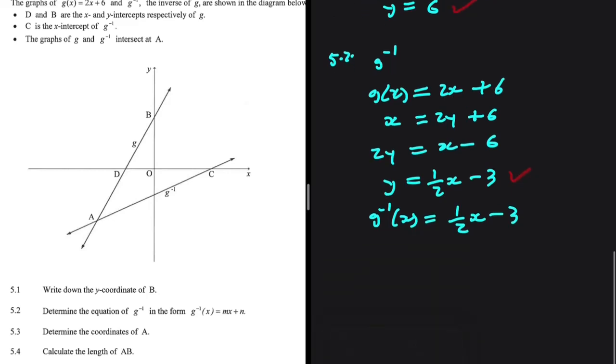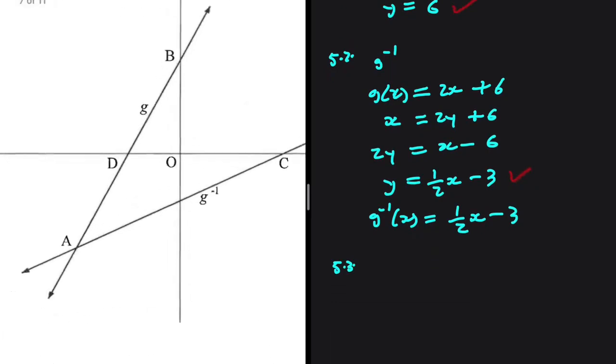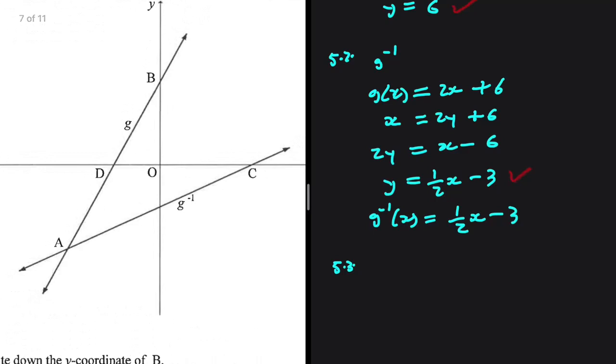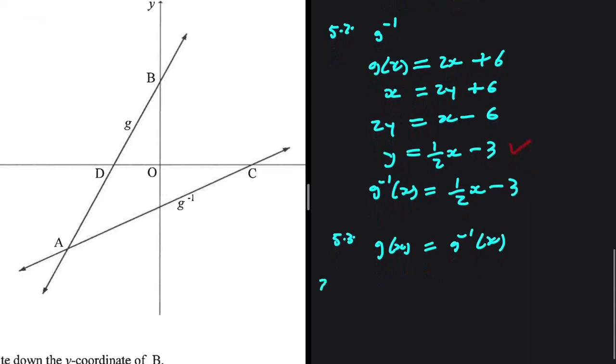Let's move to 5.3. In 5.3, we're supposed to find the coordinates of A. A is where g of x and g inverse touch. So in order to find the coordinates of A, we have to equate the two equations. If we do that, we're going to have 2x plus 6 equals a half x minus 3.